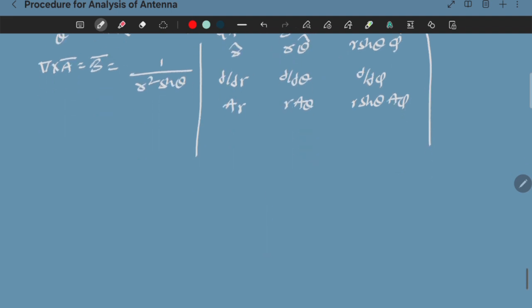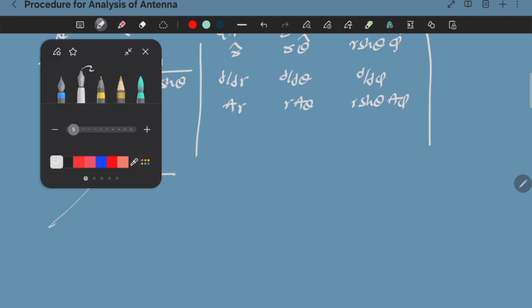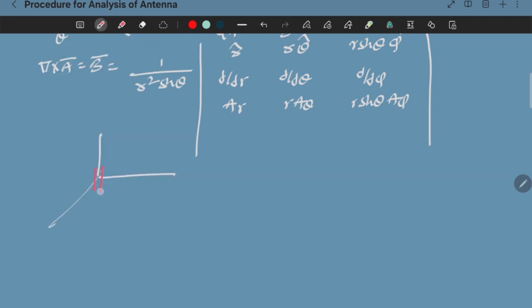But before writing this one, we have placed our Hertzian dipole at the center of the z-axis. If you move around this one by changing the phi values from 0 to 360 degrees, it is looking the same.